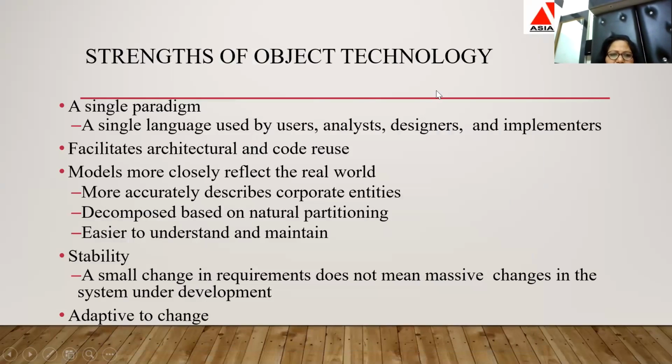The strengths of object technology are a single paradigm, a single language used by users, analysts, designers and implementers. It facilitates architecture and code reuse, because if we create a class, as you people have understood in the inheritance concept, we create a class and reuse it again and again whenever we require it.